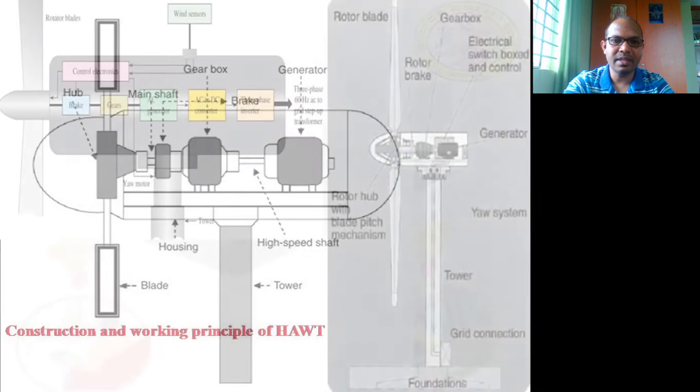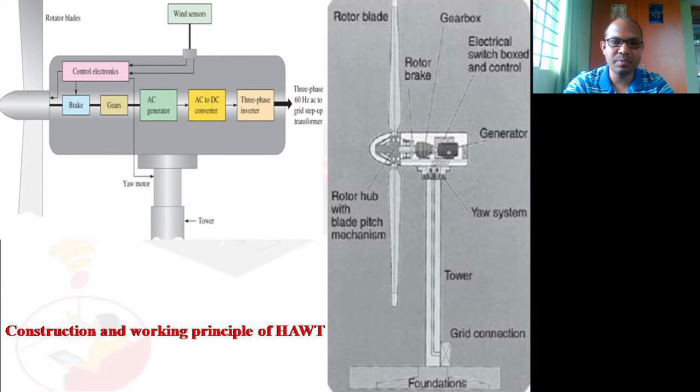Basically, at the back side of this, at the top, we will always have an anemometer, which tells us the direction and the velocity of the air. So what happens? This will feed a control system; control electronics will be there. The motherboard will always control the yaw movement, the brake, and the gear systems.